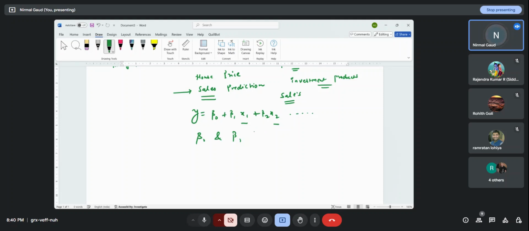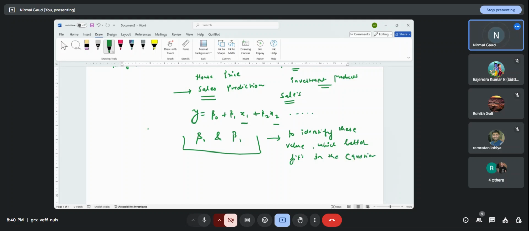The values of beta naught and beta 1, these coefficients, as I already told you, identifying the values which better fit the equation is called training.